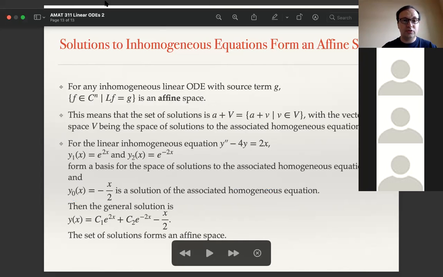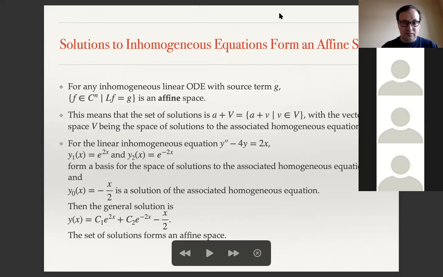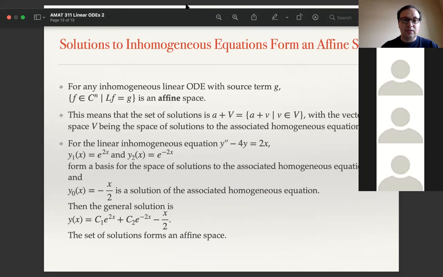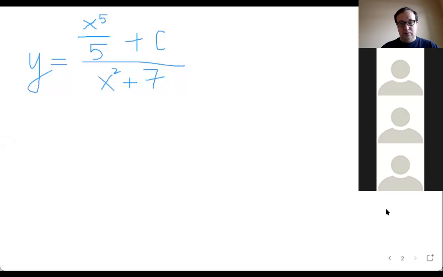Right, let's go back to the whiteboard. So let's try to solve, maybe let's try to solve a third order equation. x triple prime minus 8x is equal to, let's say, 7t.